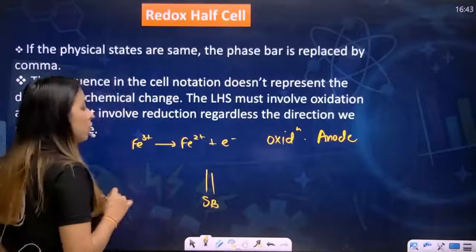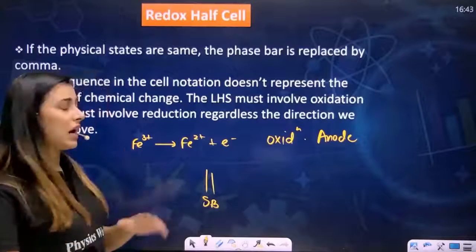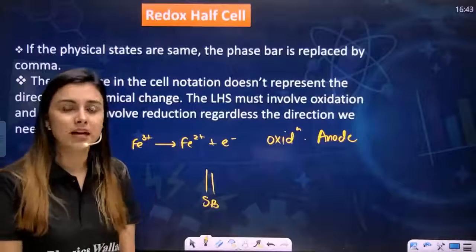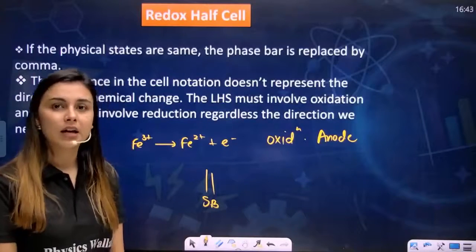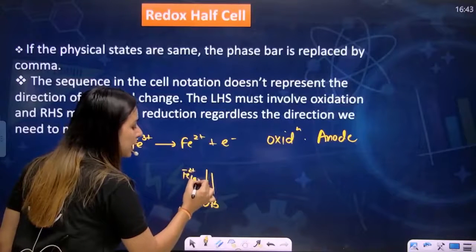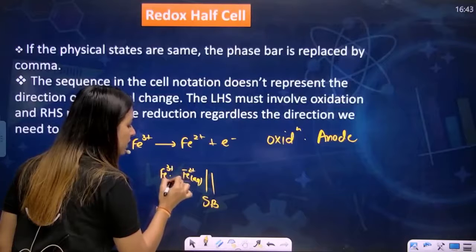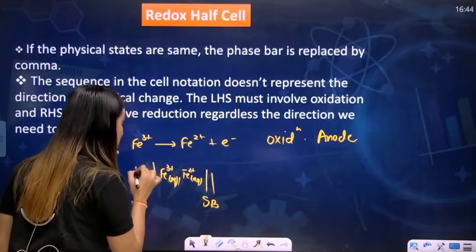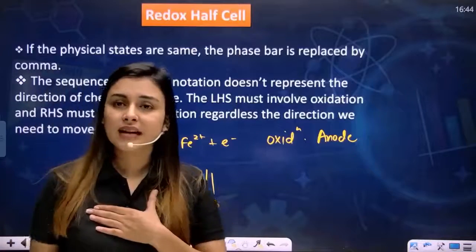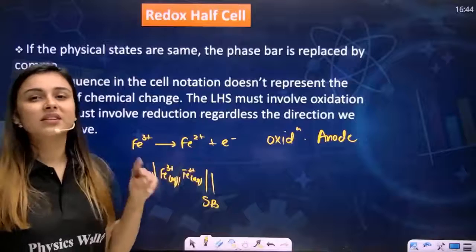Now you'll say you have to write the ions first, but you have both ions. You don't have a gas or a solid, and you have two ions. Till now we were studying only one ion. So if you have two ions, you write Fe2 plus aqueous, then a comma, then Fe3 plus aqueous, and then platinum solid. You put a comma as long as the phase is not changing.